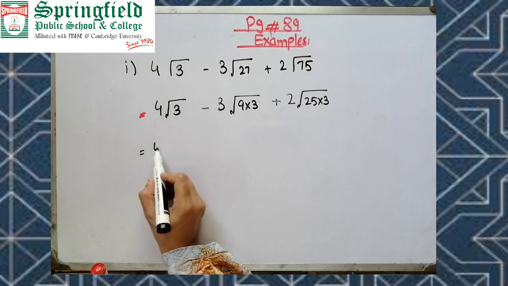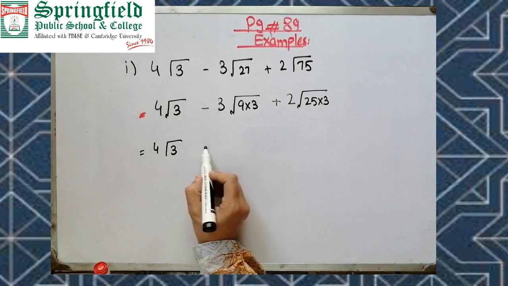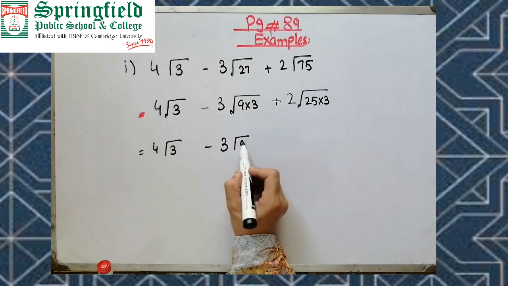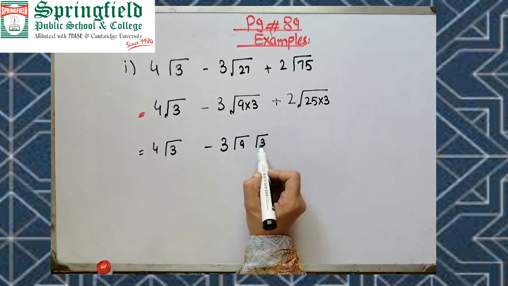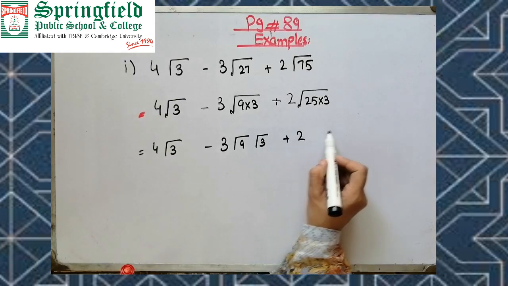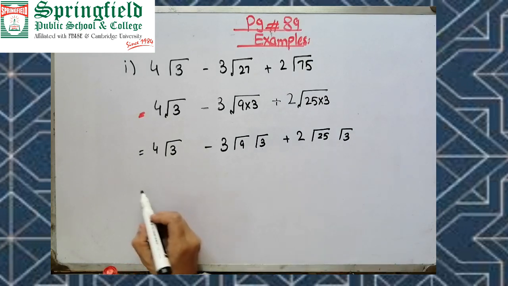Yes. So 4 under root 3 minus 3, and it can be separated. 3 can be separated, right? Plus 2 under root 25 under root 3.